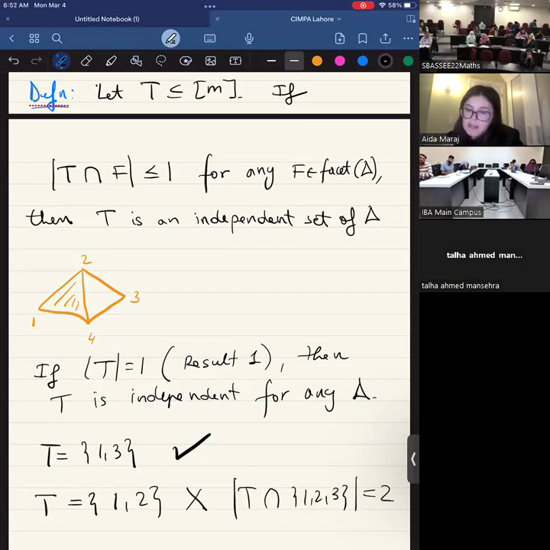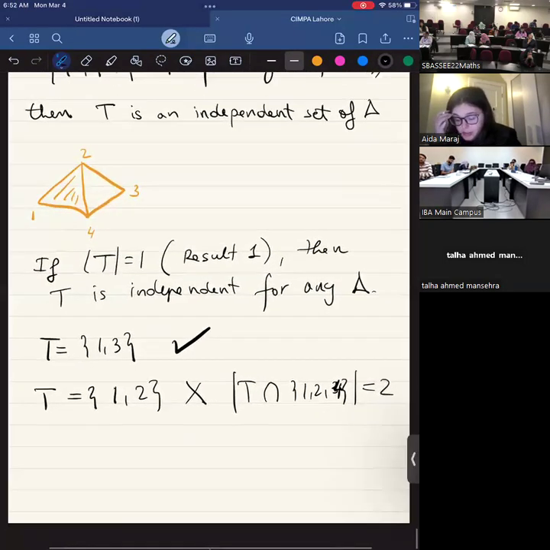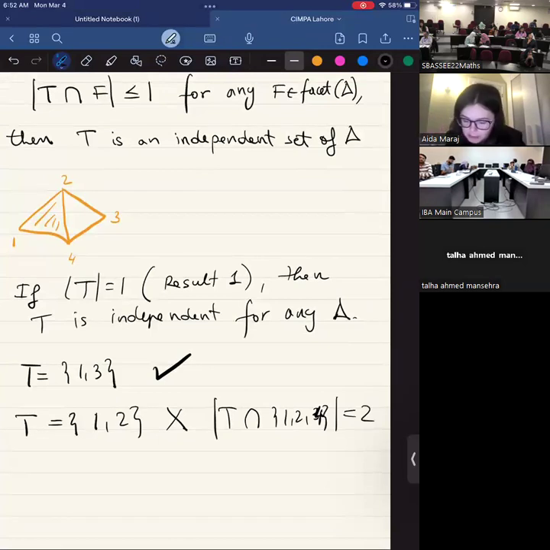Yes, 1 to 4 as well, thank you. So that's the definition of independent. And the claim is that if our set of indices that we let vary is independent, then we do have stabilization, we do have finiteness.